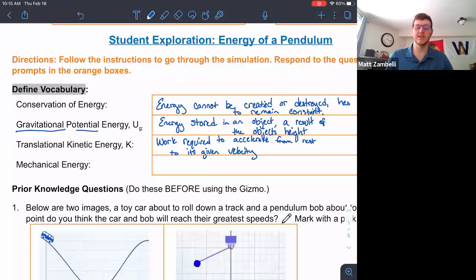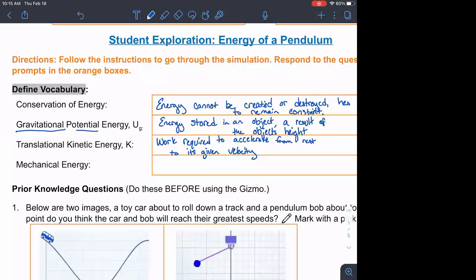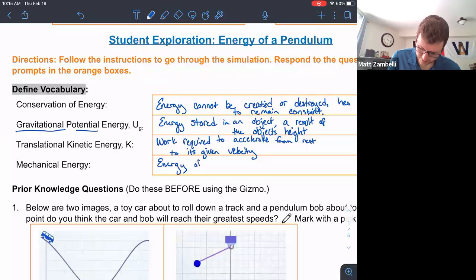And mechanical energy, what is mechanical energy going to be? The energy of an object due to its motion or position.